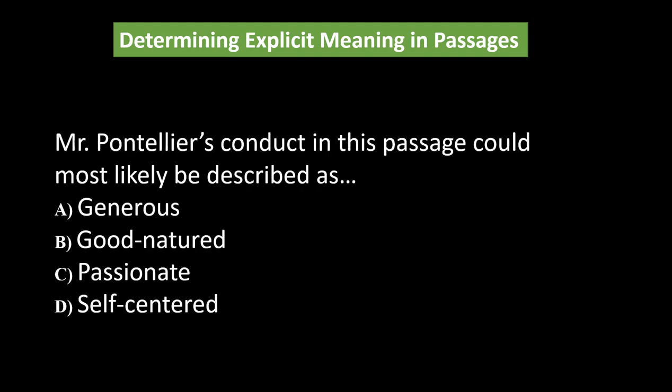An example of such questions could be, for example, you have a text about Mr. Pontellier. Now the question says, Mr. Pontellier's conduct in this passage could most likely be described as generous, good-natured, passionate, or self-centered.